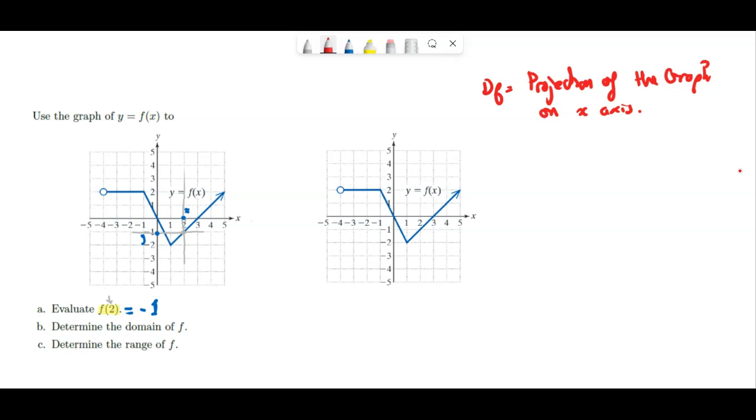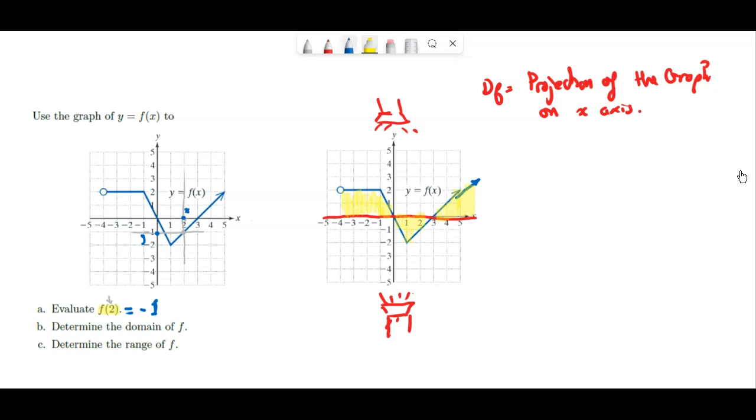So basically, if I have a flashlight from this side and a flashlight from this side, where the shadow is going to be casted, it's going to be casted on this axis here, which is the x-axis. So now this upper part is going to be casted on the bottom of the x over here. This upper part is going to be casted over here, and since the graph is going to keep going in this direction, the shadow is going to keep going all the way. And the shadow from below, so this part is going to be casted over here.